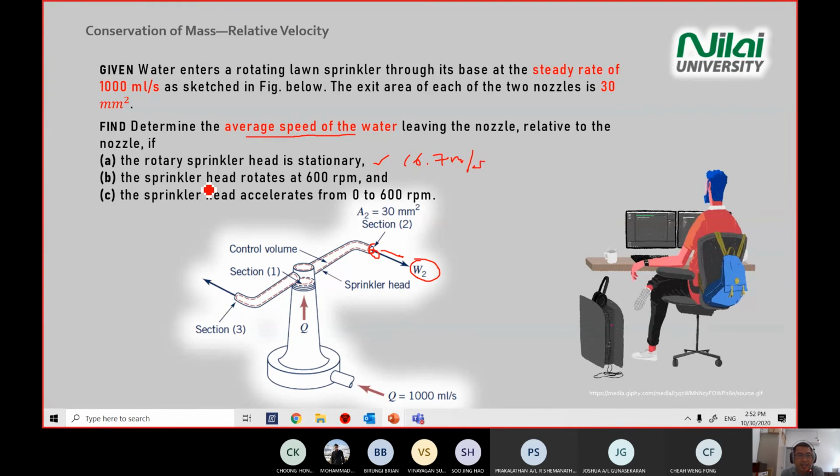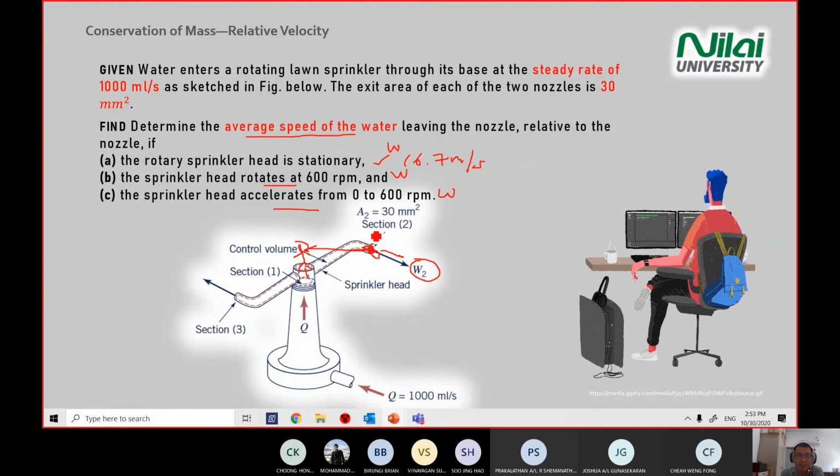And then the second one asks what happens if the head rotates. What happens to the W component again? All these ask you about W. So what happens if the sprinkler head rotates or accelerates? Actually it's the same, because you're sitting at this position looking at this, and the distance here is the same. You do not move from this location.